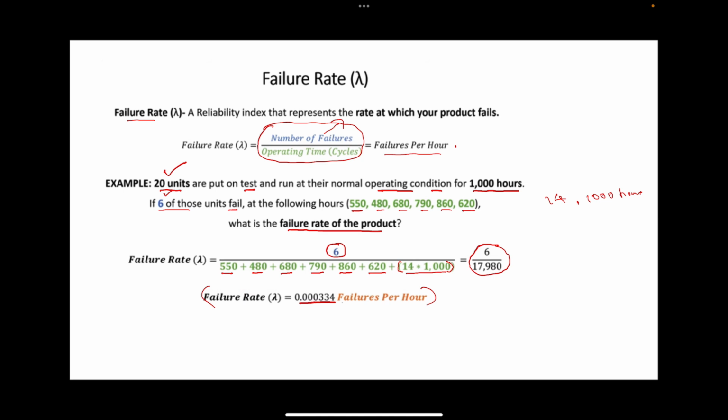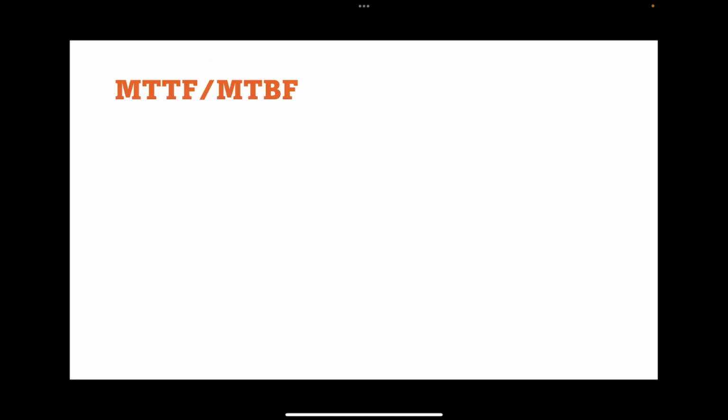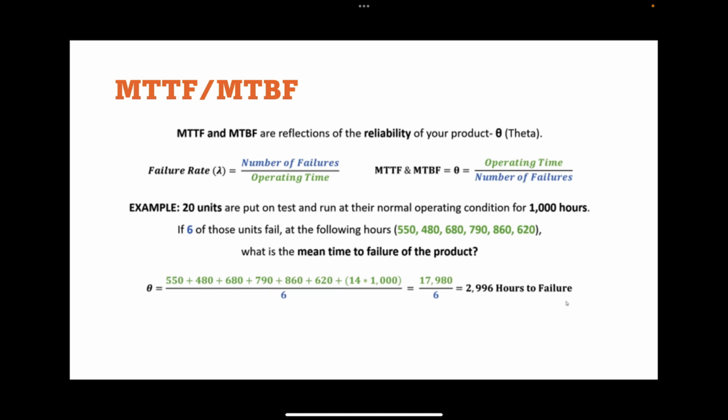Now let us calculate the mean time to failure. We will look at the same problem, and we have seen the formula for both failure rate and MTTF. MTTF is given by theta equal to operating time divided by number of failures. The 20 units have a normal operating condition of 1000 hours, and 6 of them fail at these respective hours.